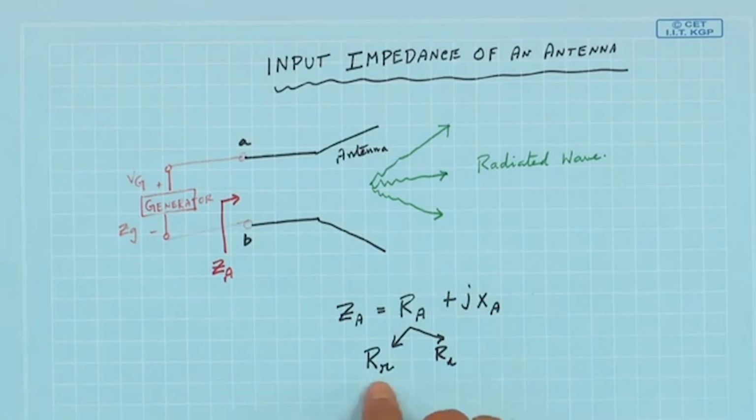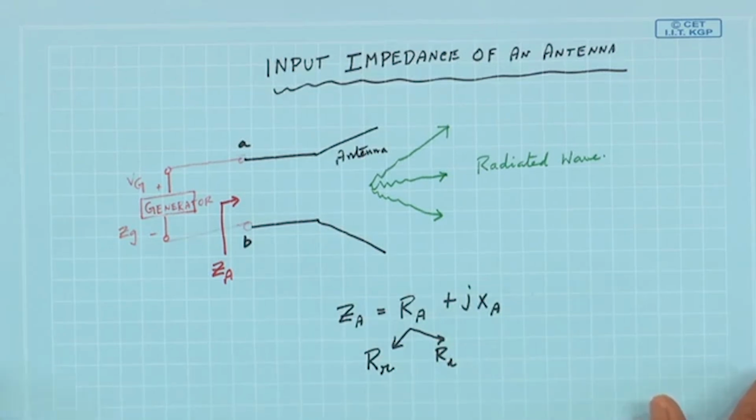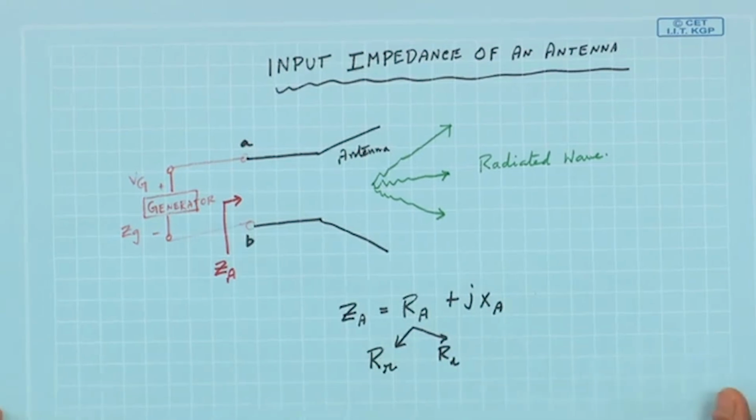So, it is desirable, higher RR means more radiated power is taking place, and RL is the loss mechanism. So, it is the resistance due to the loss in the circuit of the antenna, that is in the conductor, in the dielectric, etc. Also the mismatch, all those losses.